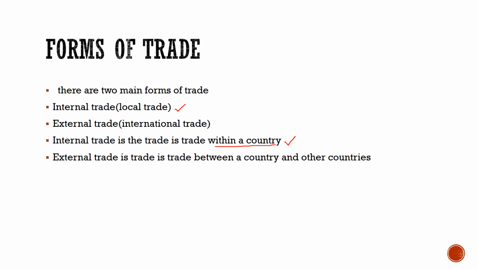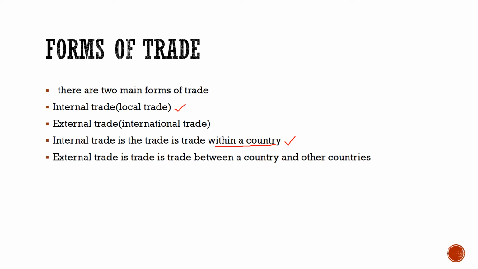That is internal trade. Someone gets milk from Eldoret and brings it to Nairobi and starts selling the milk in Nairobi. That is still internal trade. Someone gets camel milk from Mandera and brings it to Nairobi. That is internal trade. Internal trade is trade which takes place within a country, between people of the same country within the same country.